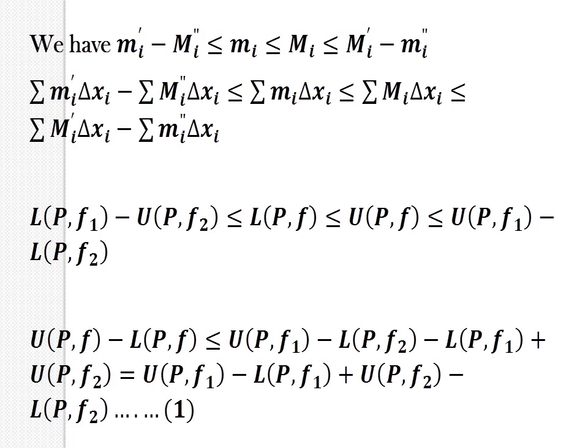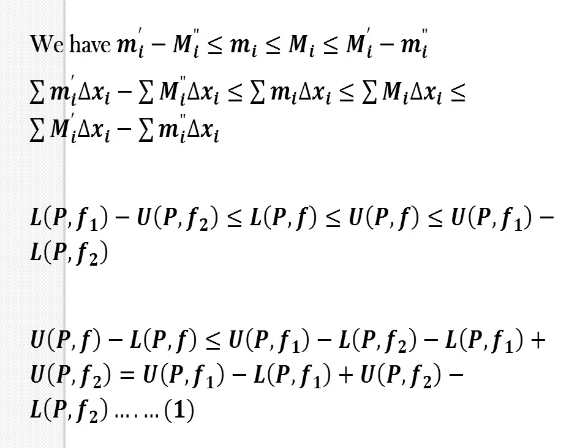On comparing these bounds with one another, we have small mi dash minus capital Mi double dash less than or equal to small mi less than or equal to capital Mi less than or equal to capital Mi dash minus small mi double dash.